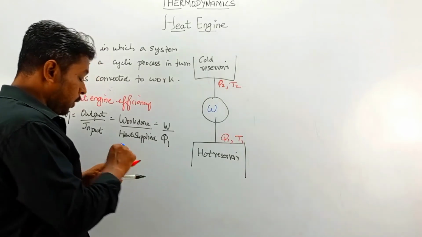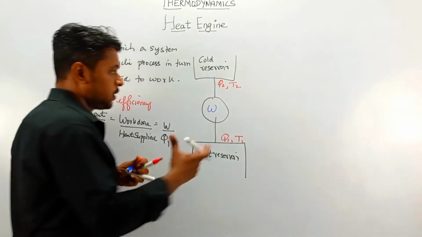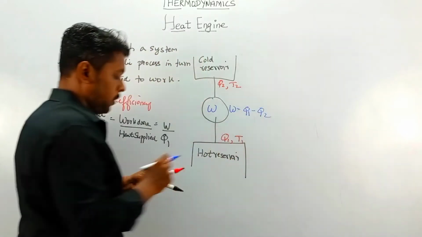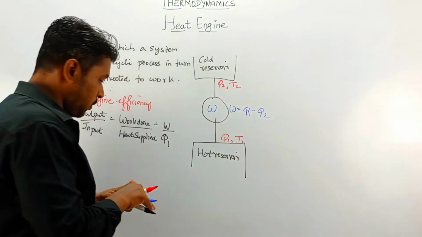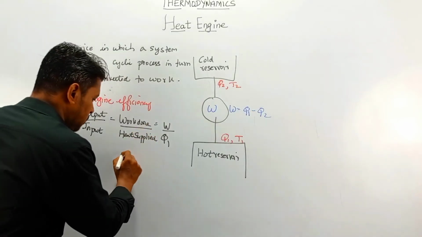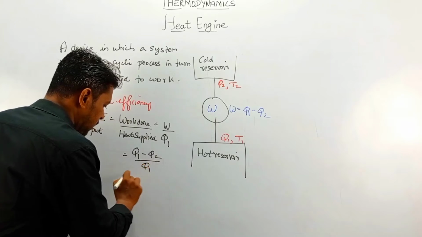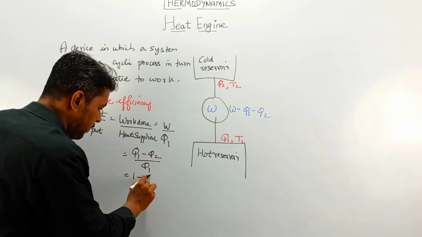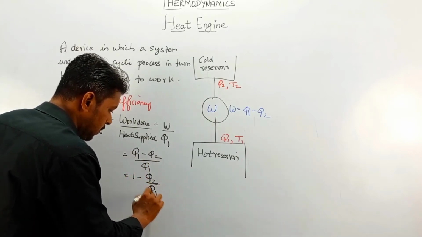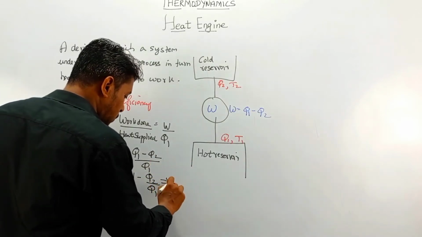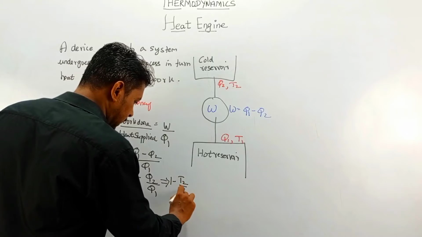This work done could also be written as Q1 minus Q2. So the efficiency is Q1 minus Q2 divided by Q1, which can be written as 1 minus Q2 by Q1. In terms of temperature, this can also be written as 1 minus T2 by T1.